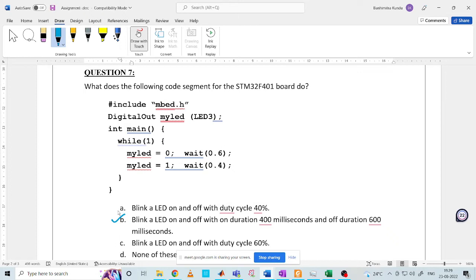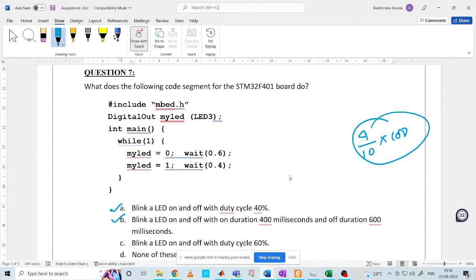Sir, option A is also correct. Duty cycle 40. 0.4 divided by 1 into 100. 4 divided by 10 into 100.